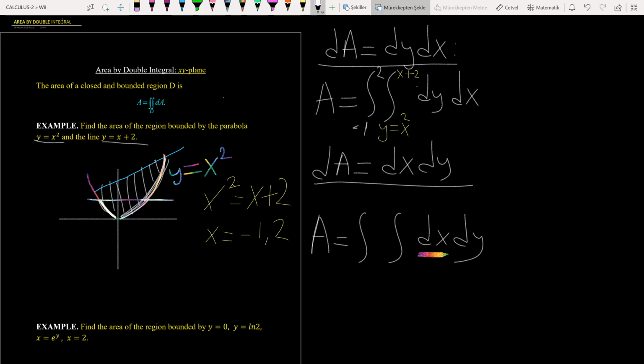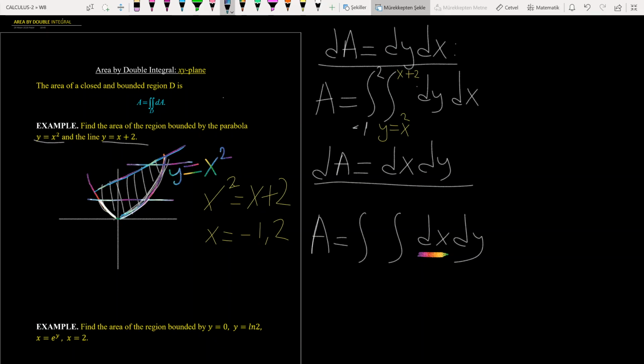If you draw this parallel line here, for instance, on the left you have the line y equals x plus 2, and on the right you have the same curve.